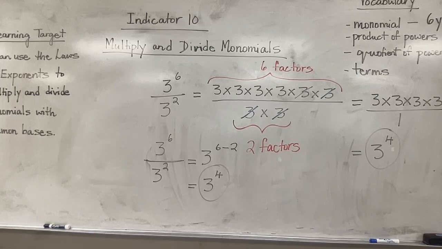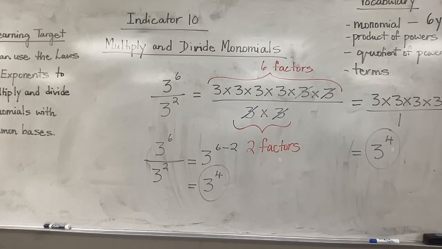Because you can subtract the exponents when simplifying a quotient of powers with like bases, since you're determining the number of factors left after dividing out common factors. If the factors are different, you cannot subtract the exponents. You can't divide out any common factors in the expression x to the eighth power over y cubed, since x and y are not the same. So it's got to be the common base.